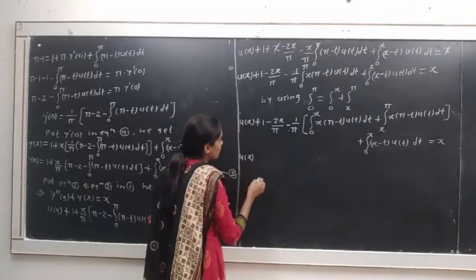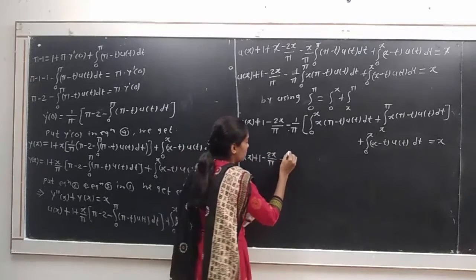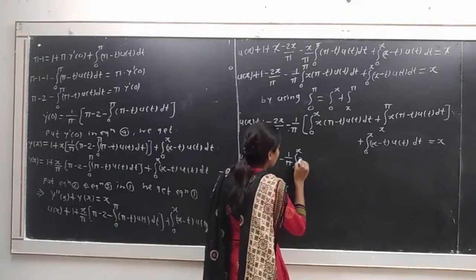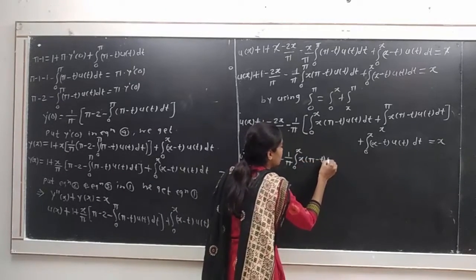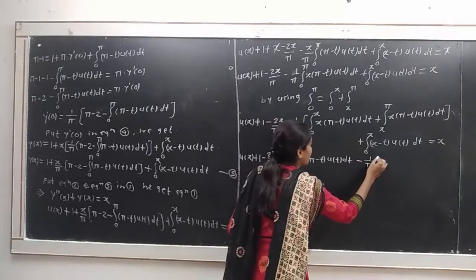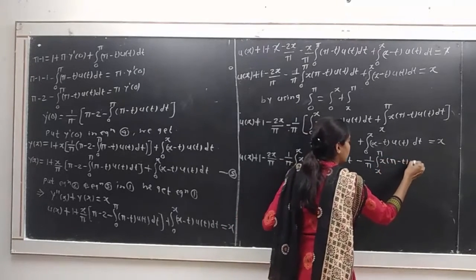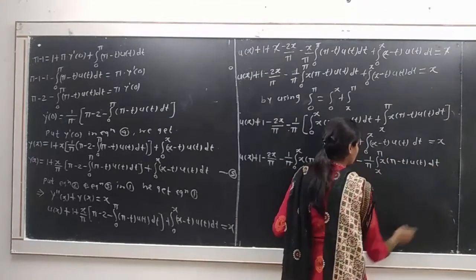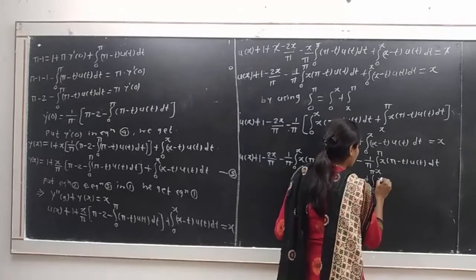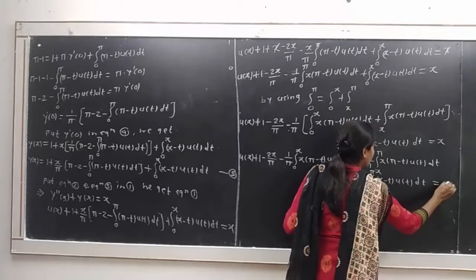that is we get u of x plus 1 minus 2x divided by pi minus 1 by pi 0 to x pi minus t u of t dt minus 1 by pi integration from x to pi x pi minus t into u of t dt plus integration from x to pi x minus t into u of t dt is equal to x.